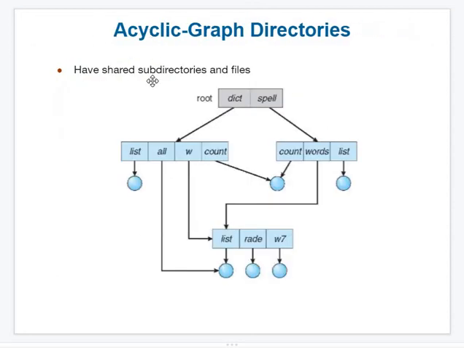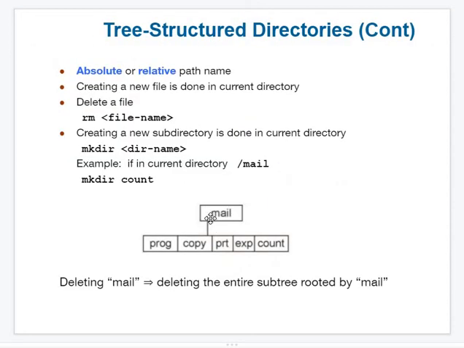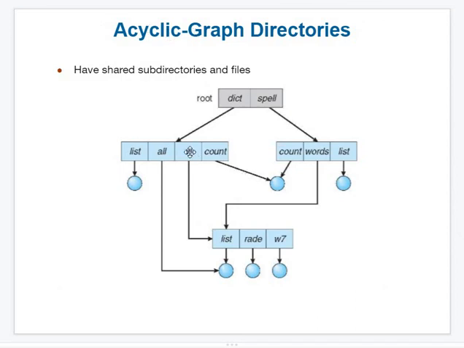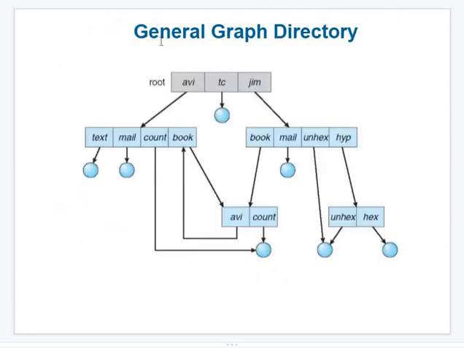And one more is, I can have a dangling problem if I delete some intermediate directory, the lower portion becomes destroyed. Whereas in acyclic, if one person deletes, another person may not get the file. So instead of calling all these by separate names, include all these facilities and call it a general graph directory.